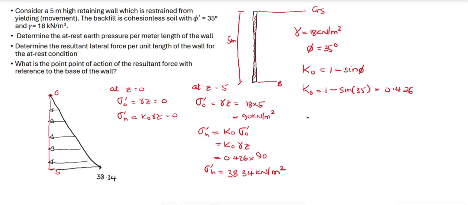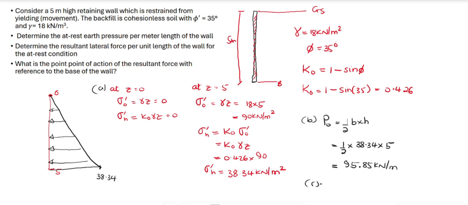So let's say it is B and this is A. We said that the resultant force is equal to the area under the variation. So that is going to be half base times height. Now, what is the base? The base is 38.34, and what is the height? 5. And so the force there is 95.85 kilonewton per meter. You get it?